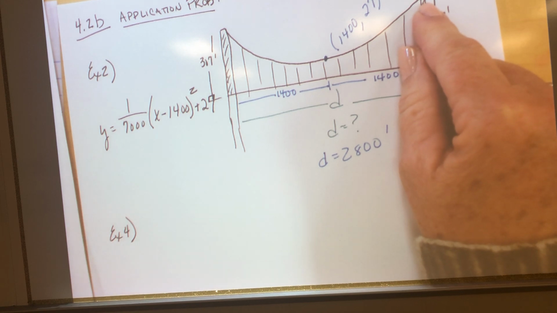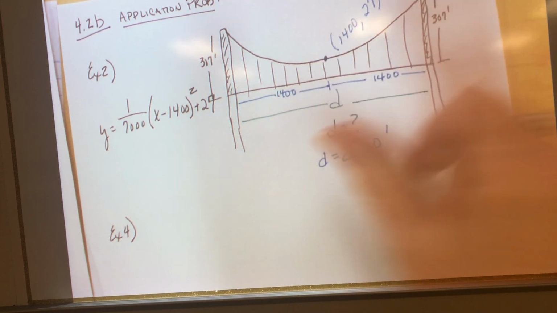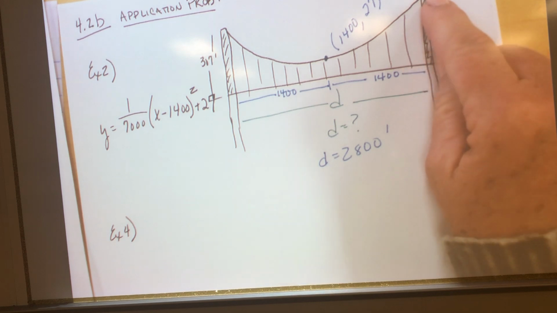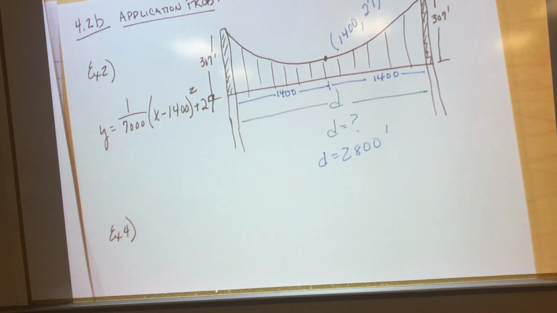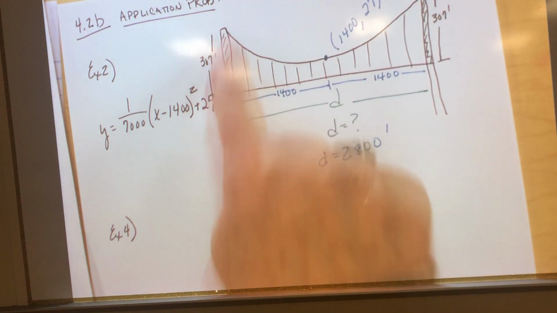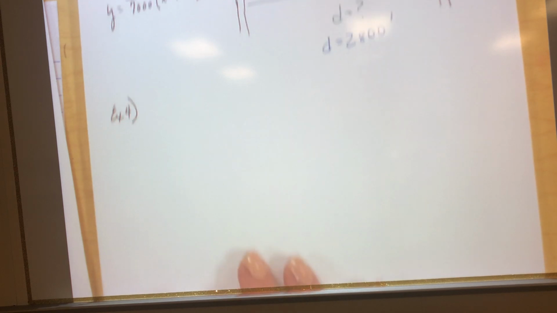It's been 900 years since I took calculus, but that's what it does. It may have something to do with the way it rises, and because it's stopped at this point right here, and that makes it hang a little bit different instead of going up like you would think it would. But they're saying that this part of the curve follows that equation, so we just went with it.